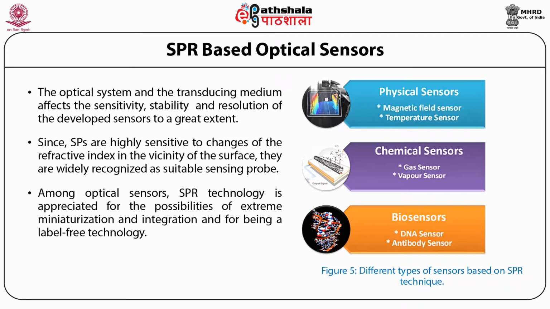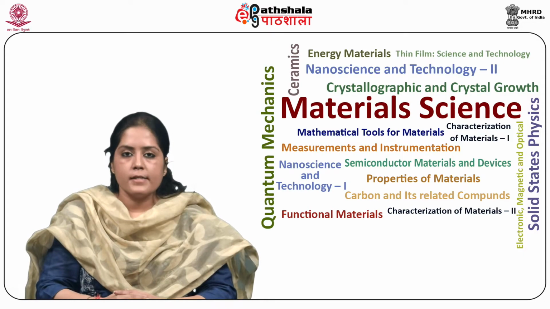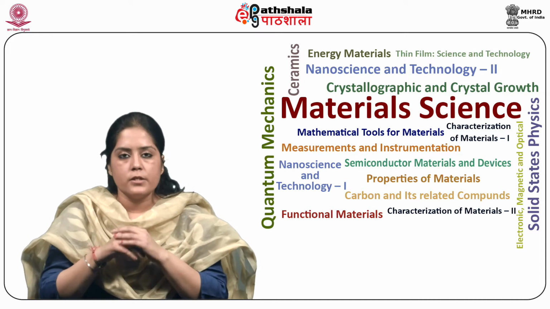Among optical sensors, SPR technology is appreciated for the possibilities of extreme miniaturization and integration and for being a label-free technology. The principle can be exploited for different applications, both for physical and chemical biosensors, as shown in the figure below.